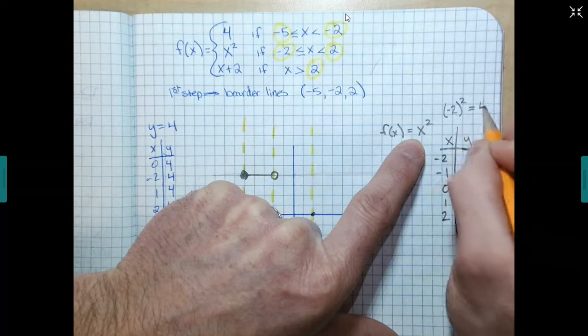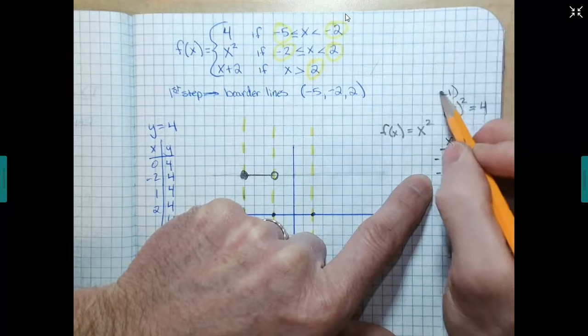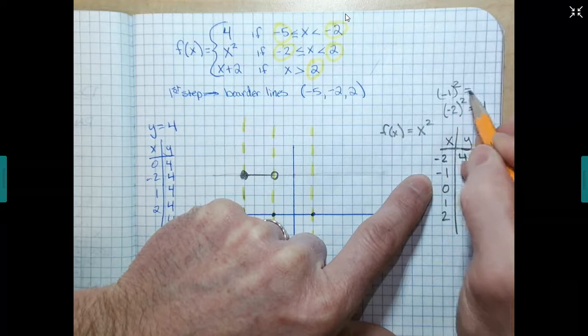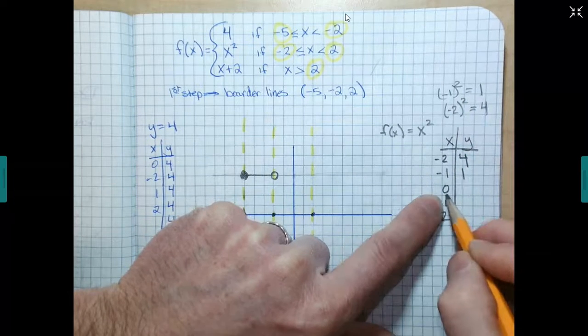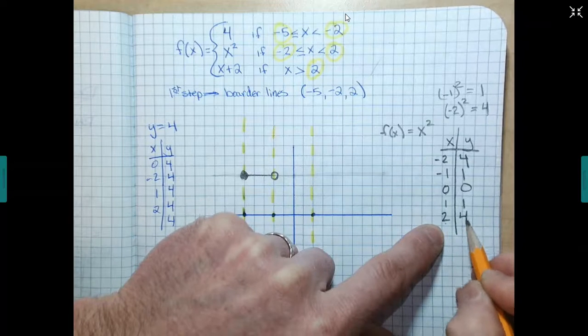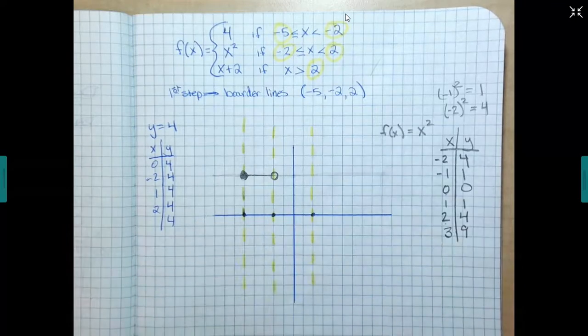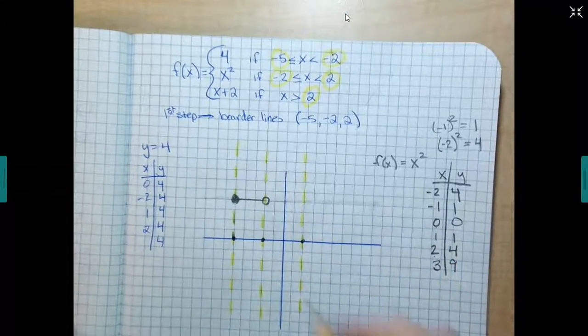Negative 2 times negative 2 is 4. If I plug in negative 1 squared, I get negative 1 times negative 1, that's 1. 0 squared is 0, 1 squared is 1, 2 squared is 4, and just for a heck, I'm going to go 3 squared is 9. Oh, that's right. Now I remember.